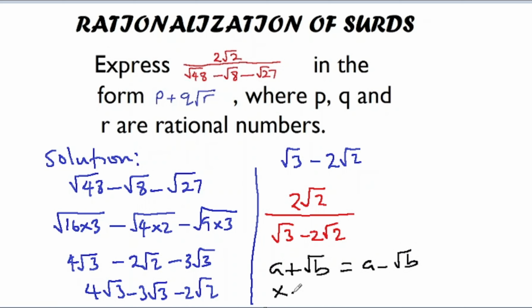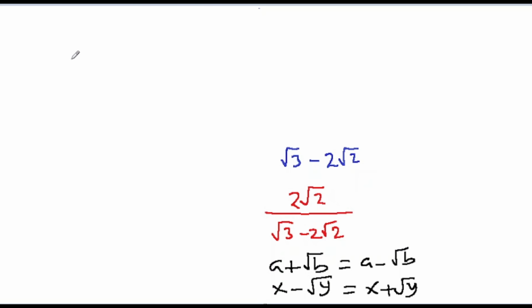If you have x minus root y, the conjugate is x plus root y. The denominator is root 3 minus 2 root 2, and its conjugate is root 3 plus 2 root 2.